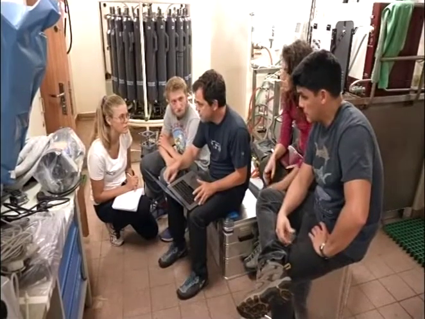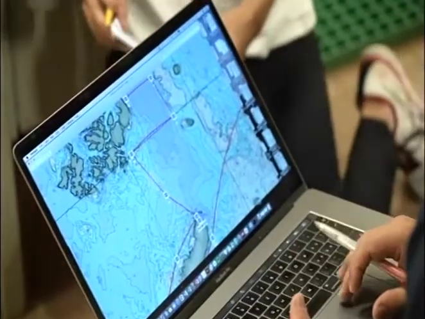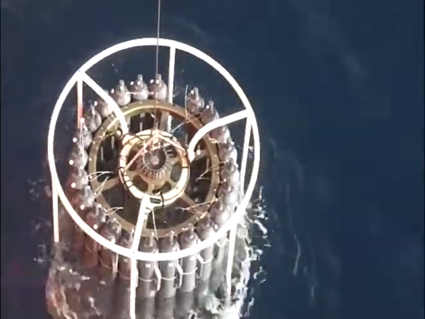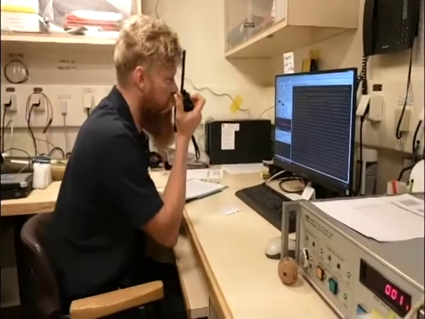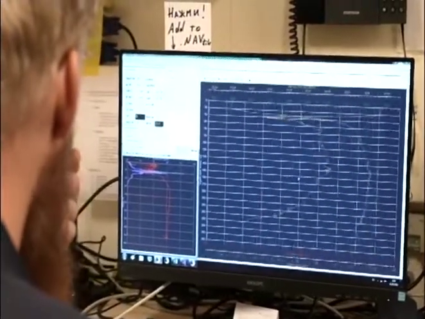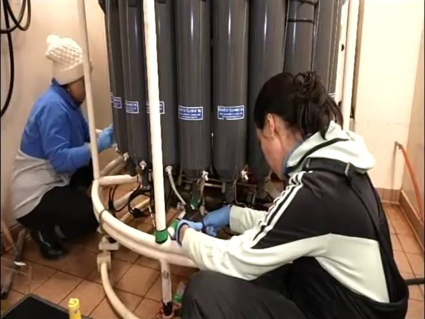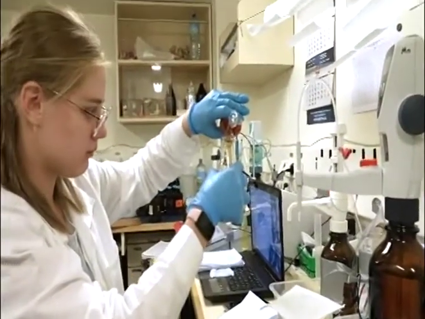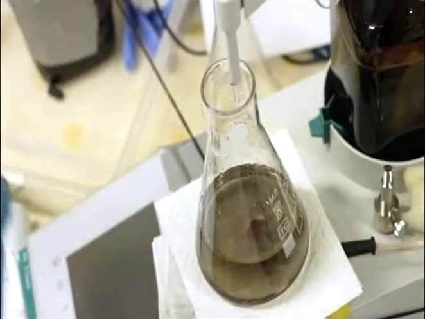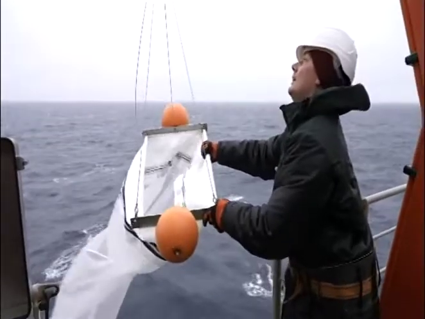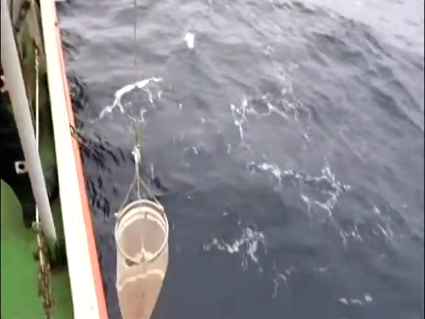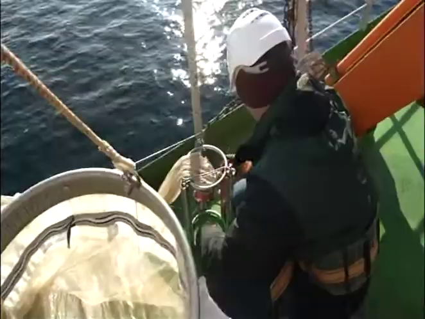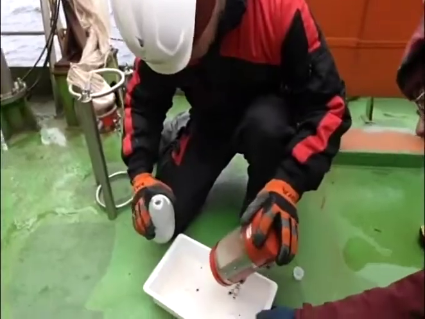So they will have 13 stations across this transect. It's going to take about 24 hours. Поехали. Sea Devils.